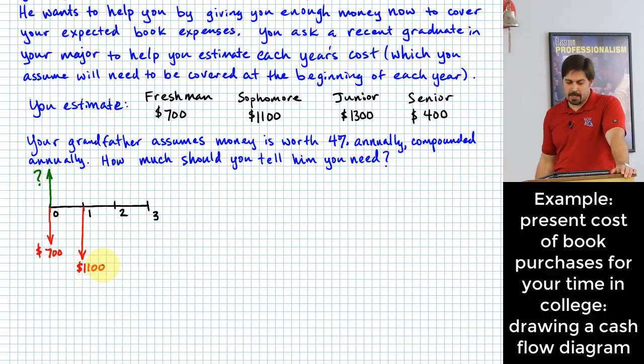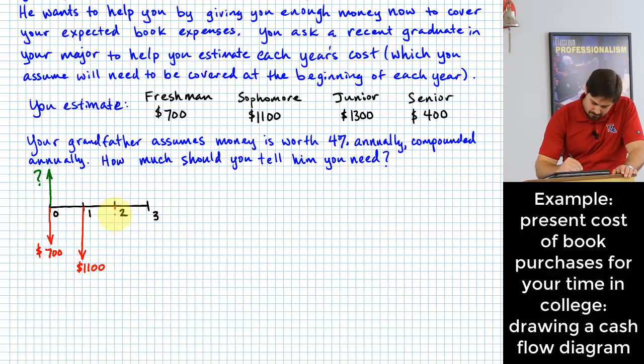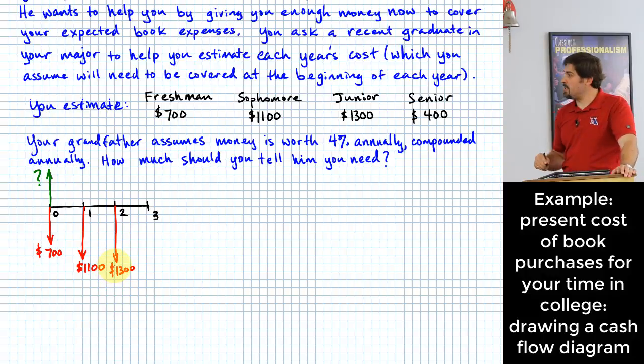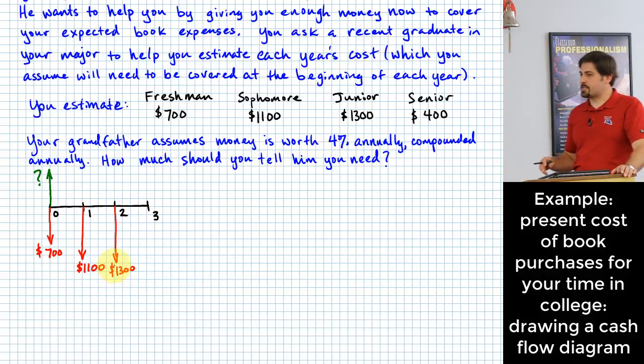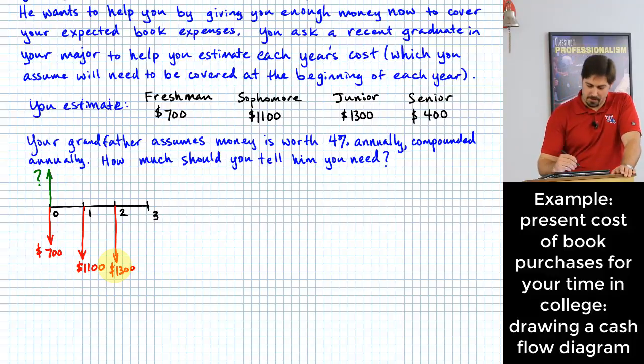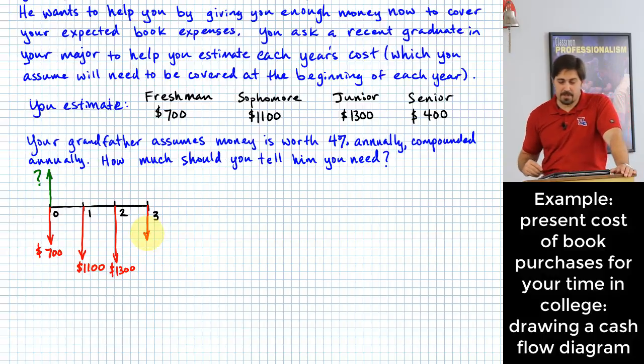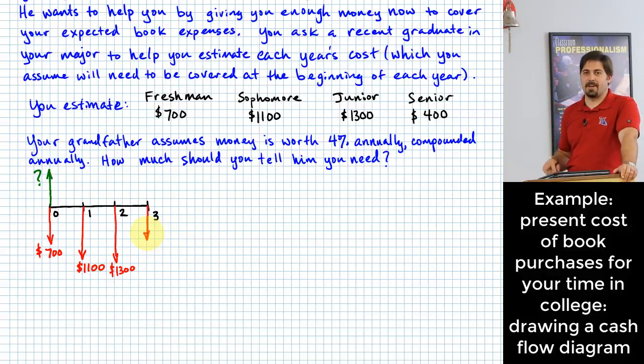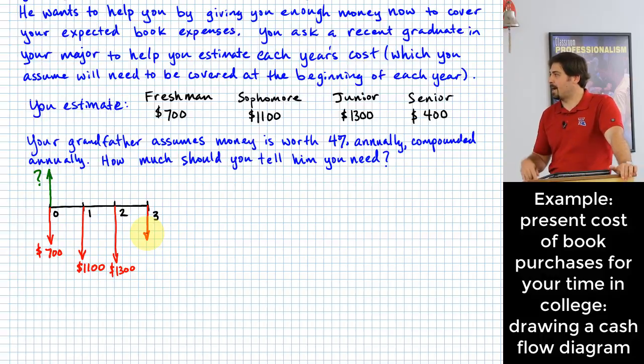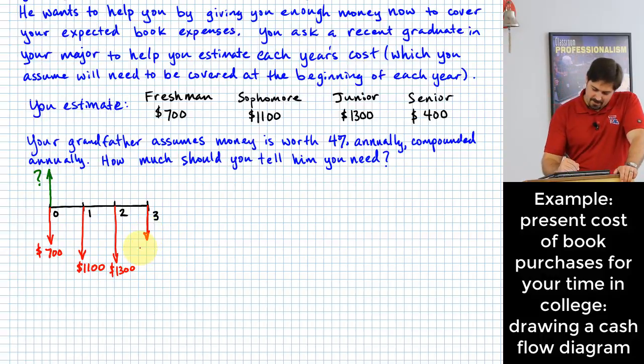Beginning of your junior year, $1,300. And then maybe in your senior year, maybe you're going to reuse some of your books that you purchased in the junior year or something like that. Maybe the cost goes down. Maybe you figured out that a lot of your professors don't even use the books that they specify. Not that that ever happens, but, you know. So you only expect $400 there.